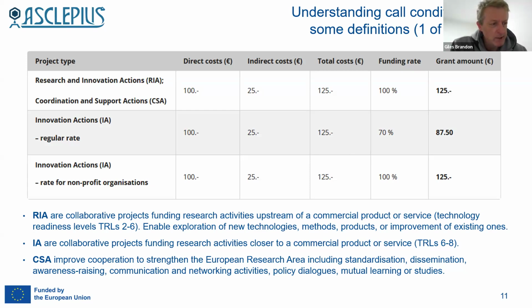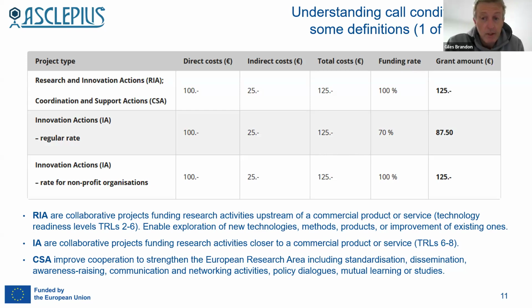Regular rate is the rate applied to essentially private companies, private organizations. So here, the way direct costs, indirect costs and total costs are calculated is the same. For 100 euros of direct costs, there's 25 euros of indirect costs, giving total costs of 125 euros.